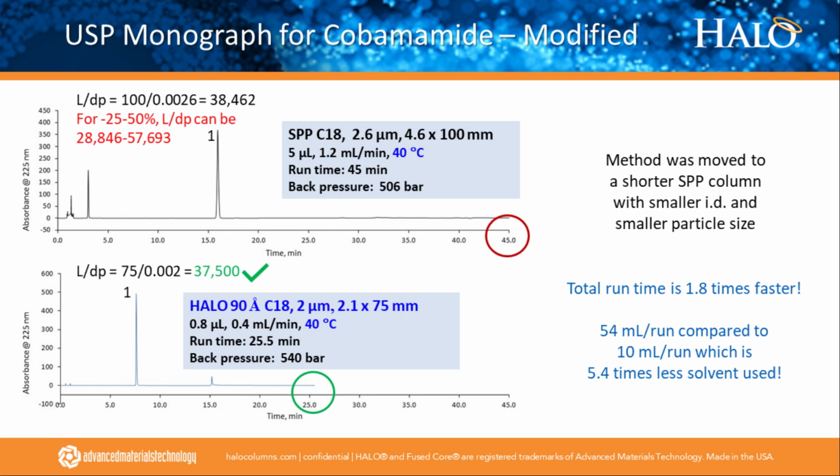And in terms of using the smaller particle size, smaller ID, shorter length column, we're seeing a back pressure of 540 bar compared to 506 bar on the larger particle, larger ID, and larger length column.